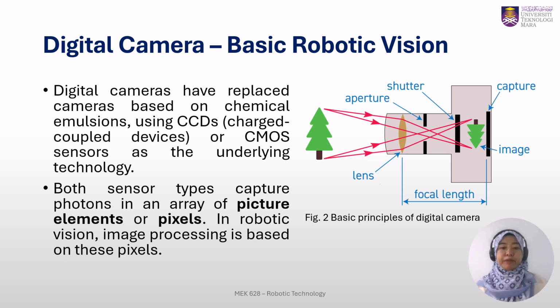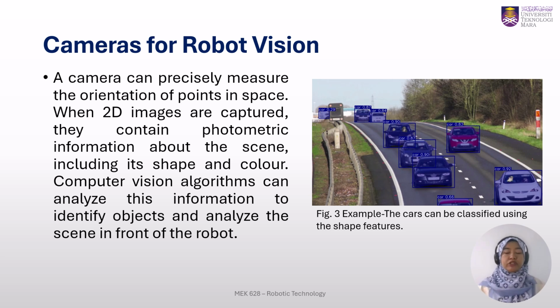So here are the pictures of the basic principles of the digital camera that we have today, based on this principle. In a camera, it can precisely measure the orientation of a point in space. When 2D images are captured, they contain information that is valuable to be interpreted as the object in the image, such as the shape and the color of the object.